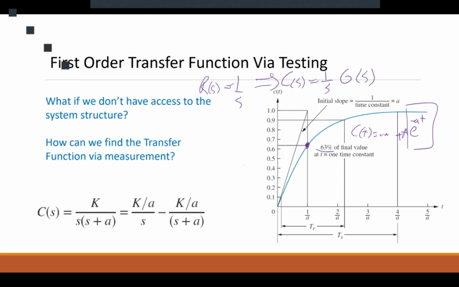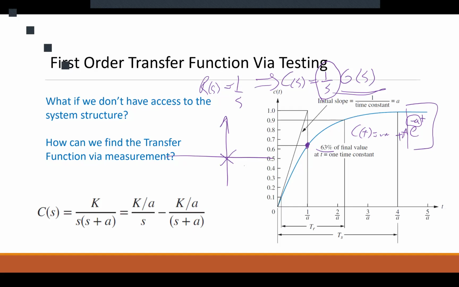Are we good? Now, let's go back to the s-domain plot. In the s-domain plot, I know that I have a pole at 0, which is because of my input. The rest of the system only created a pole at -a. It's a first order system.